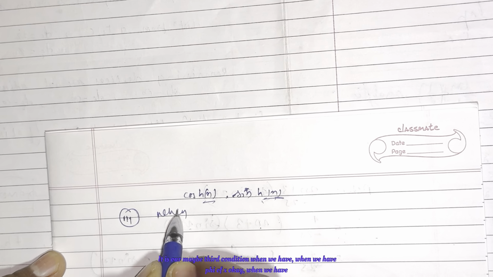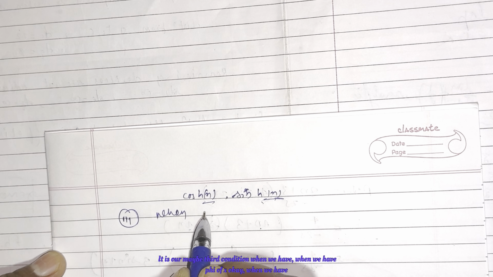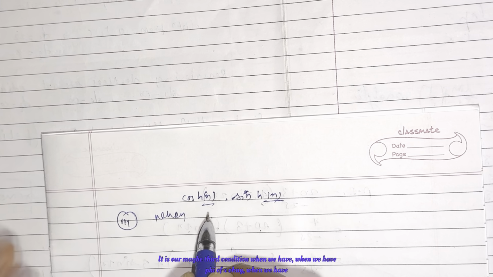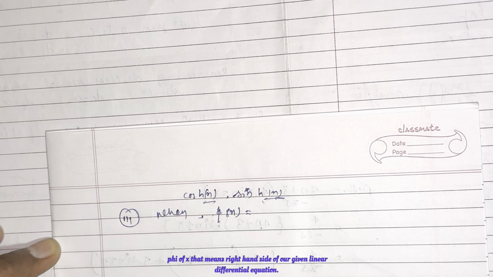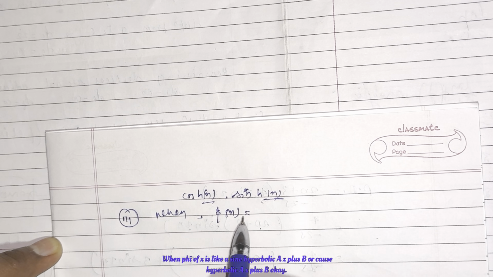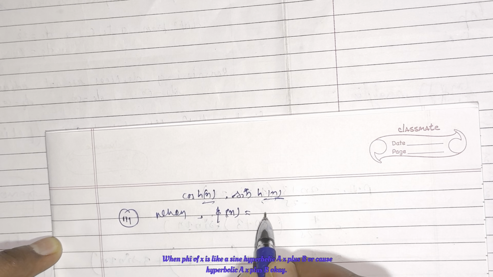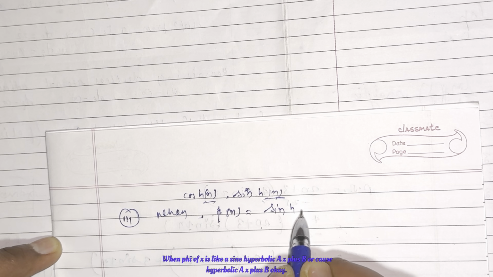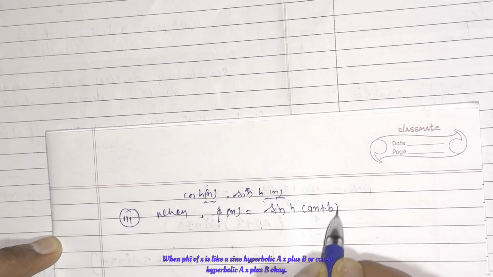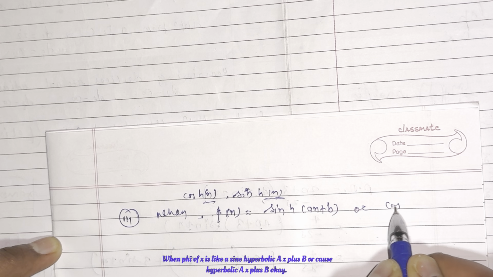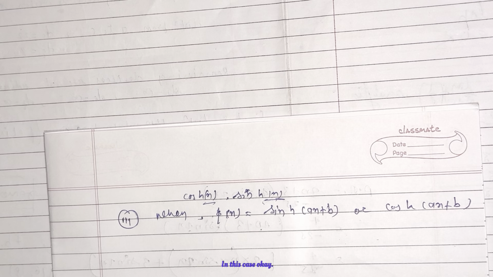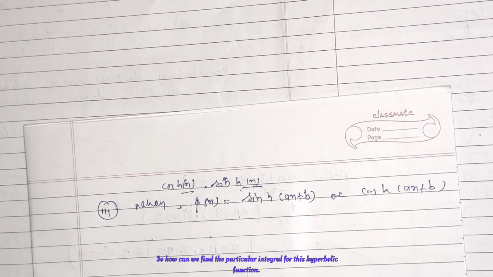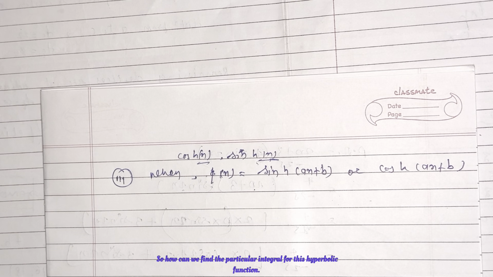When we have phi of x, that means the right hand side of our given linear differential equation, when phi of x is like sine hyperbolic ax plus b or cos hyperbolic ax plus b, in this case, how can we find the particular integral for this hyperbolic function?